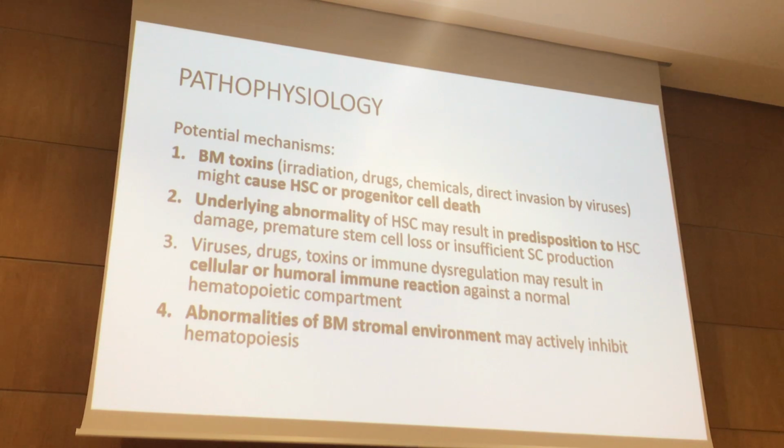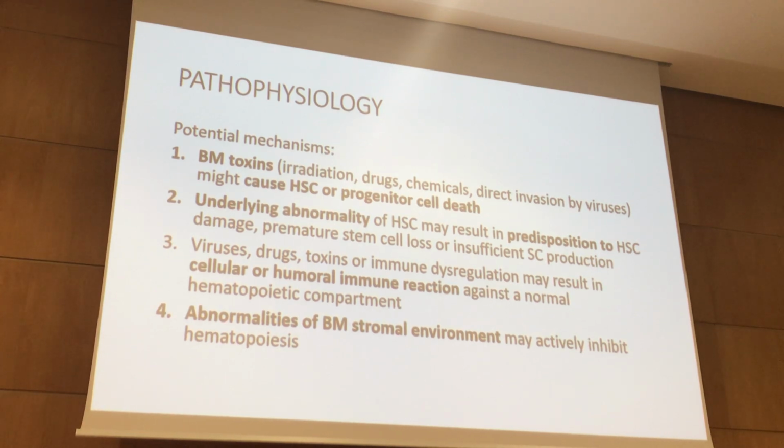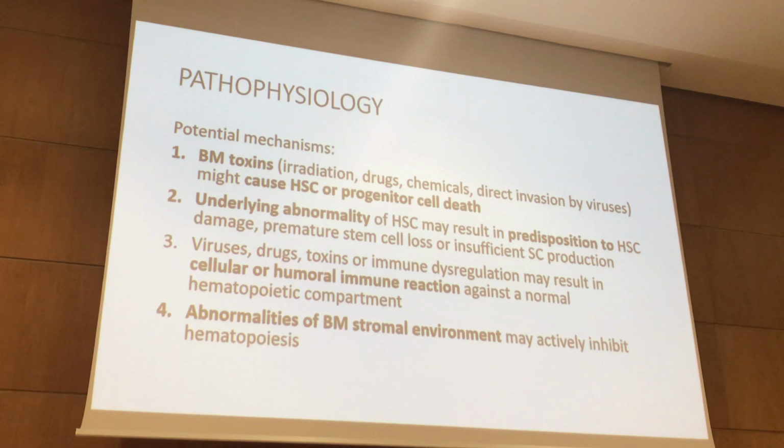So this causes suppression of the bone marrow. This is very clear. Second one, there is an underlying abnormality of the hematopoietic stem cells. So they are usually predisposed to hematopoietic stem cell damage.